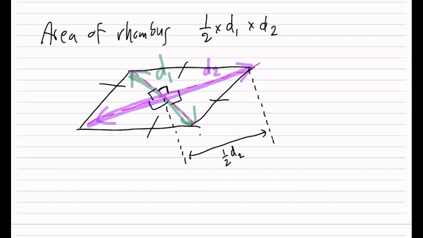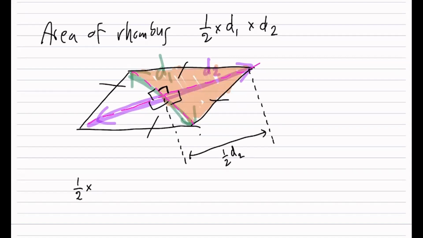Can you see that? Okay, and it is 90 degrees. So how do you find the area of the orange triangle?